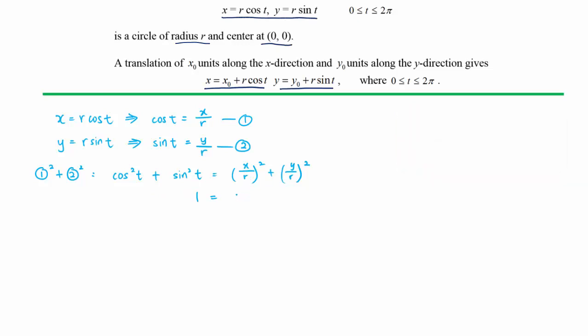On the right hand side, we'll have x squared over r squared plus y squared over r squared. Therefore, rearranging this expression gives us x squared plus y squared equals r squared.